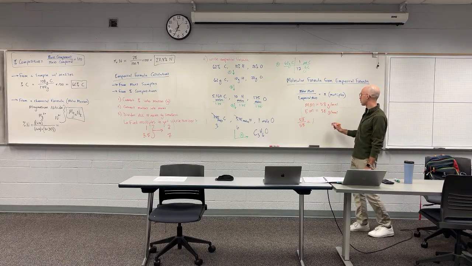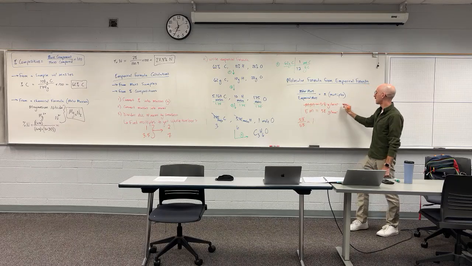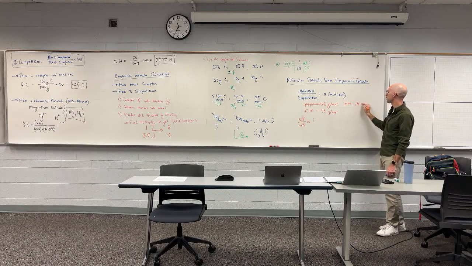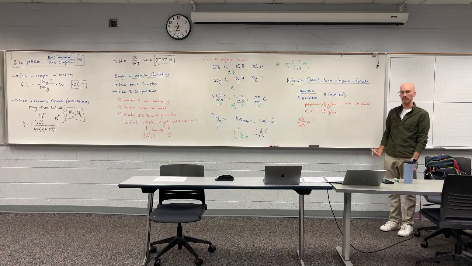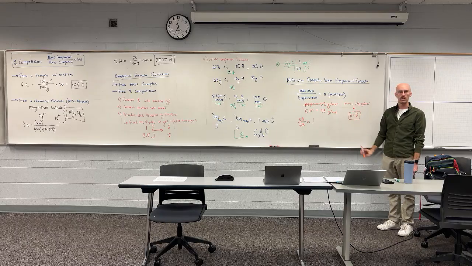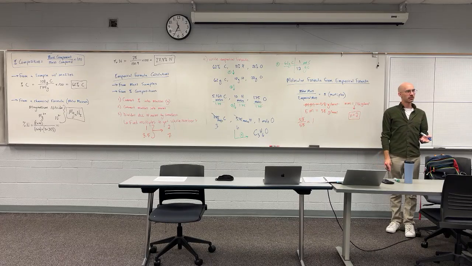Okay, let's imagine that we had been given a molecular mass of 116 grams per mole. When you plug this in, you'll find that N equals 2. Your molecular mass is twice as heavy as your empirical formula.